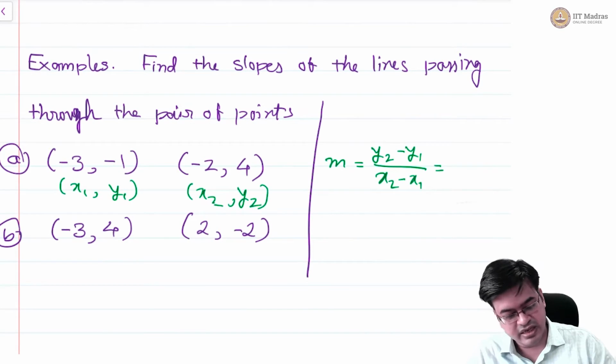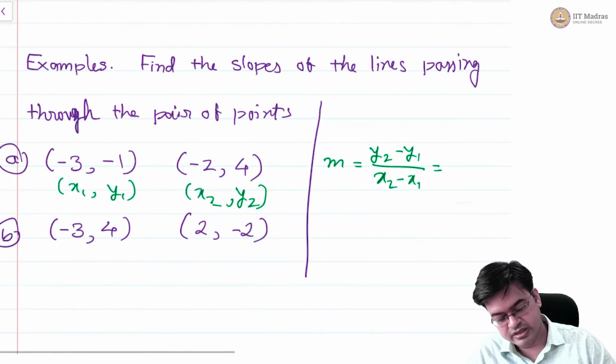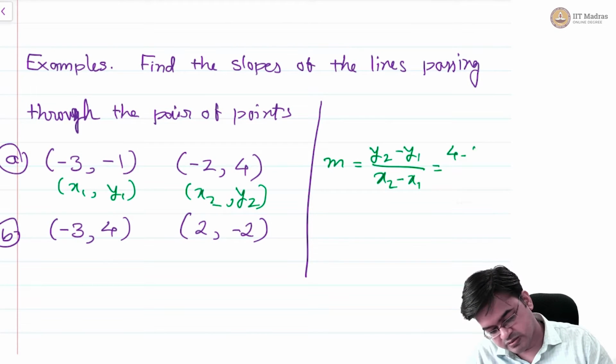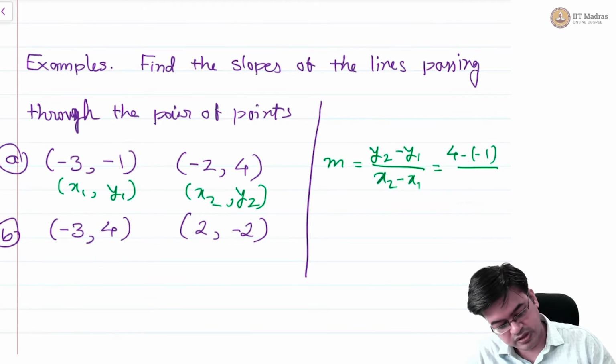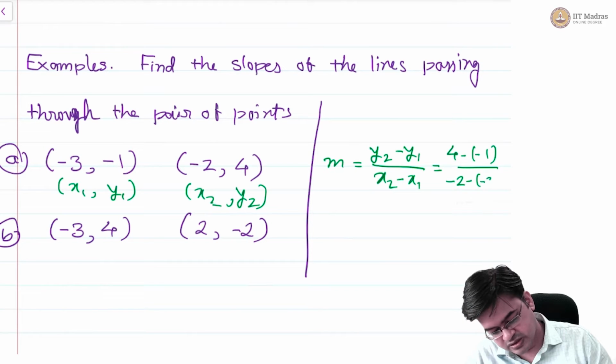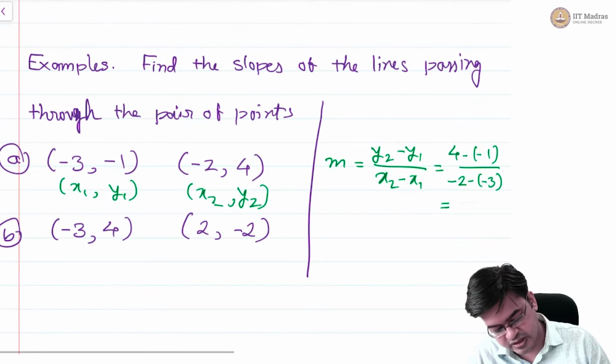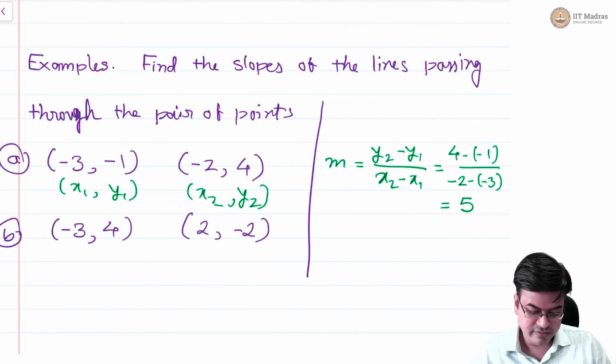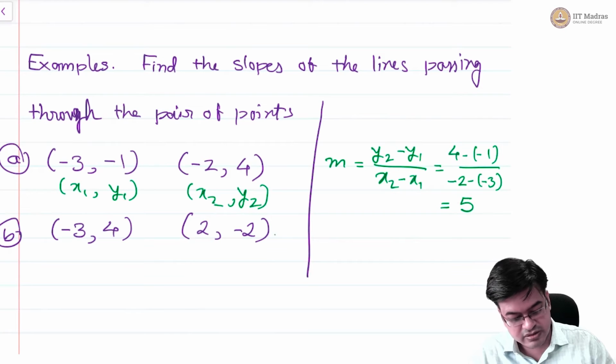Do the calculation needful. 4 minus minus 1 upon x2 minus x1, -2 minus minus 3. So this effectively gives me 4 plus 1, 5, and denominator is 1. My slope is 5.